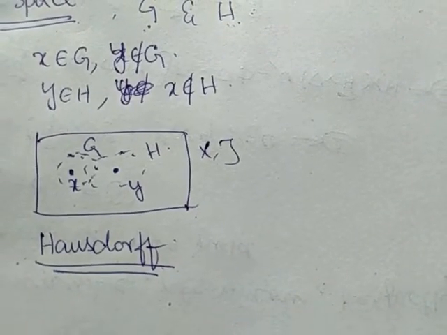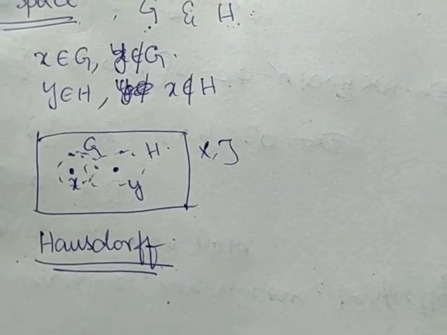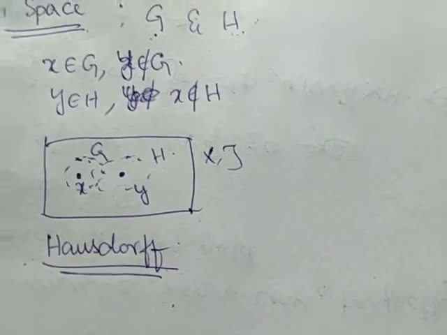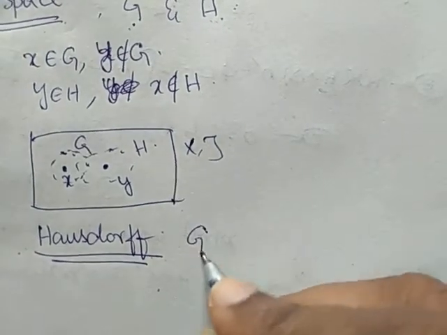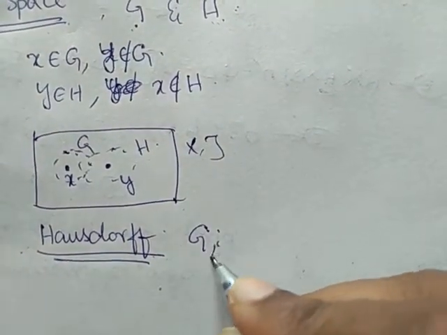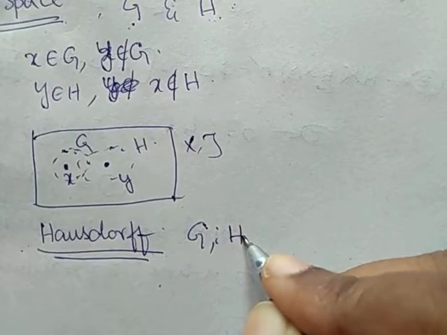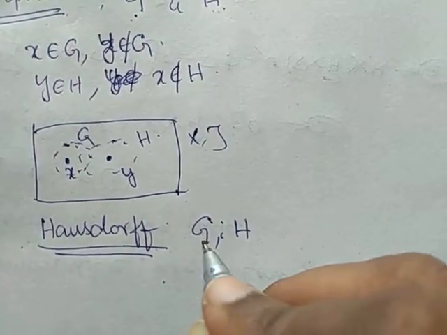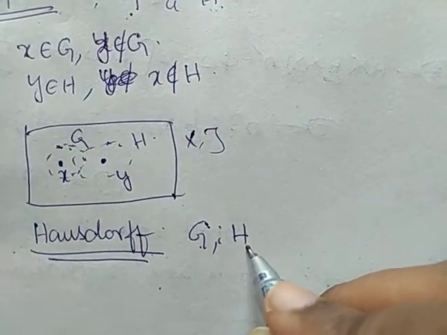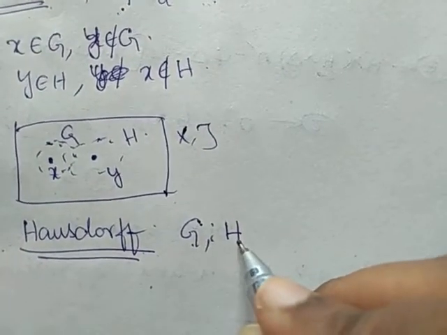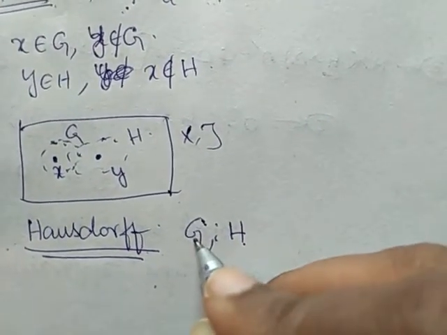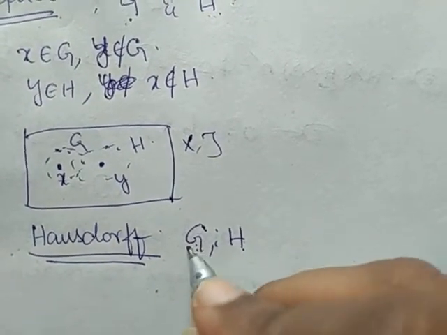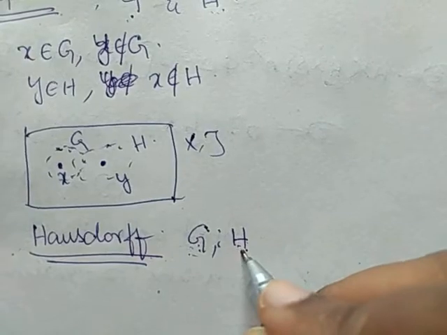Now we are going to see what is T2 space. As in T1 space, in T2 space also, there should exist two open sets G and H such that x belongs to G, y belongs to H, x does not belong to H, y does not belong to G, and these two open sets are disjoint.